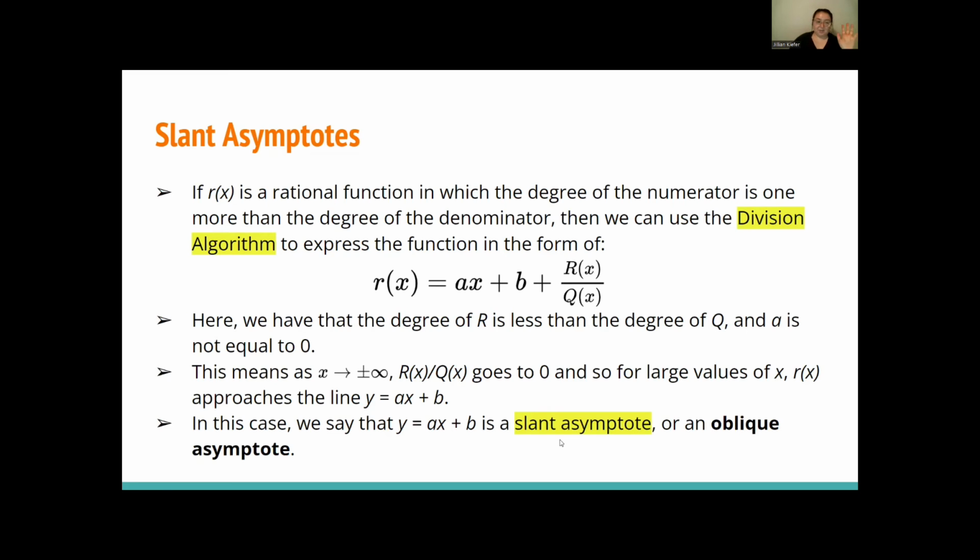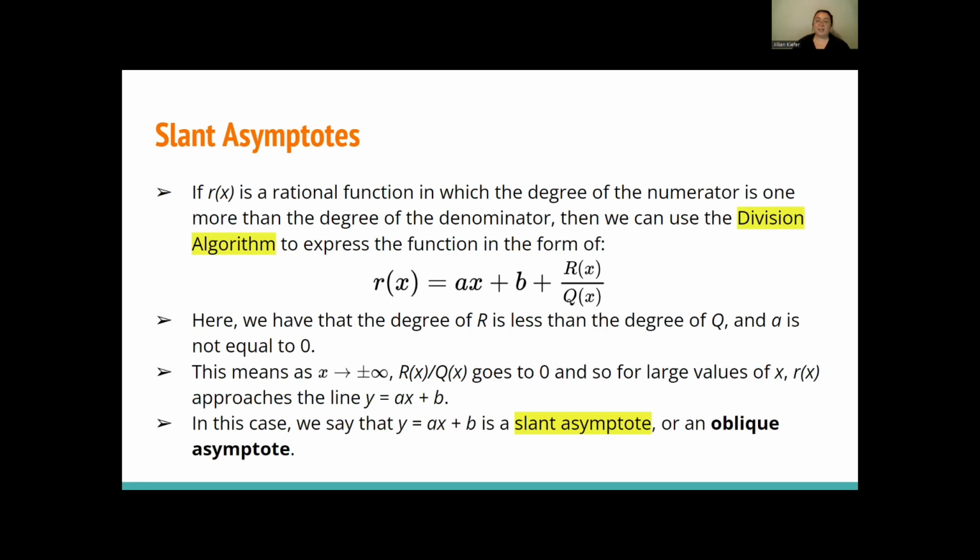So all this is saying is that to find a slant asymptote, your numerator has to be exactly 1 degree higher than your denominator. If this is the case, you have a slant asymptote. You don't have a horizontal asymptote in that case, because we said that if the degree of the numerator is higher than the degree of the denominator, you do not have a horizontal asymptote. If it's exactly 1 greater, you have a slant asymptote instead.